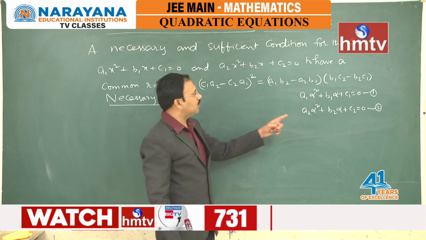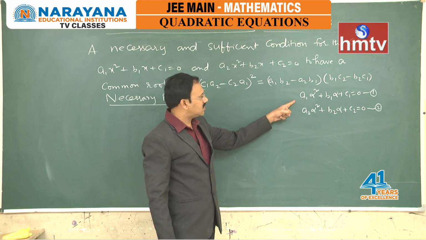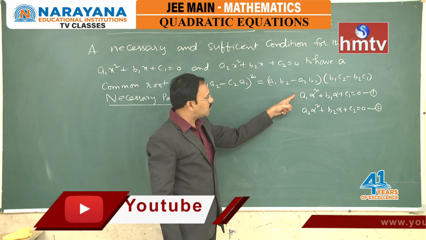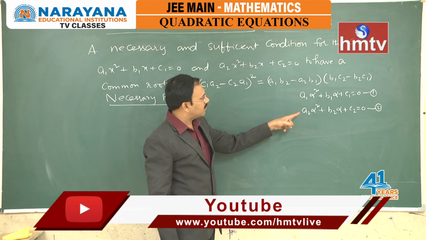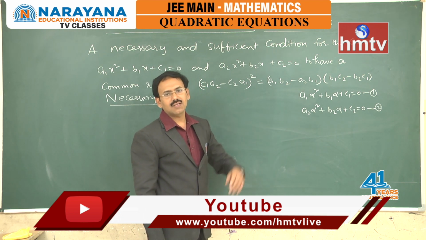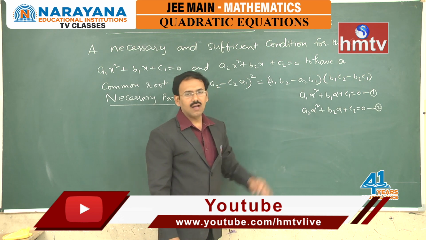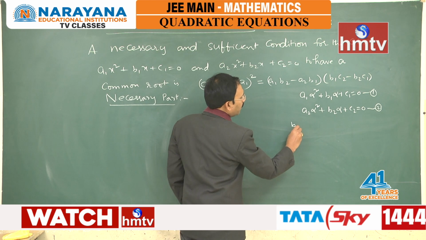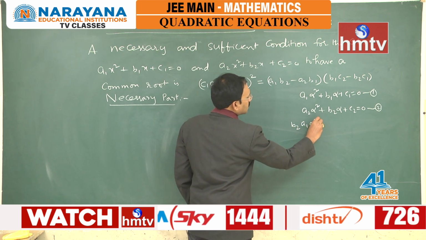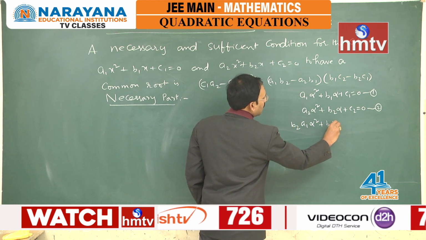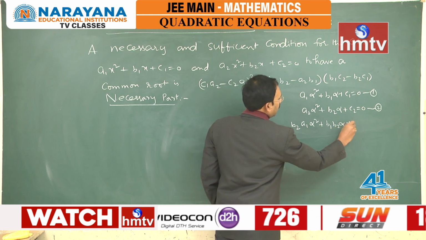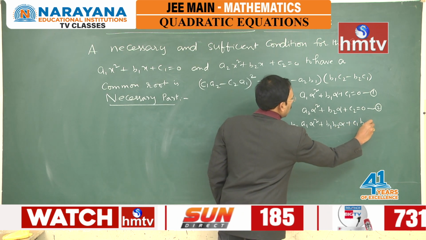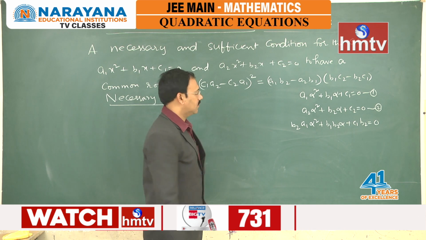Now, what I do is I multiply the first equation with b2 and the second equation with b1 to eliminate the second term, alpha. That is, this becomes b2a1 alpha square plus b1 b2 alpha plus c1 b2 equal to 0.